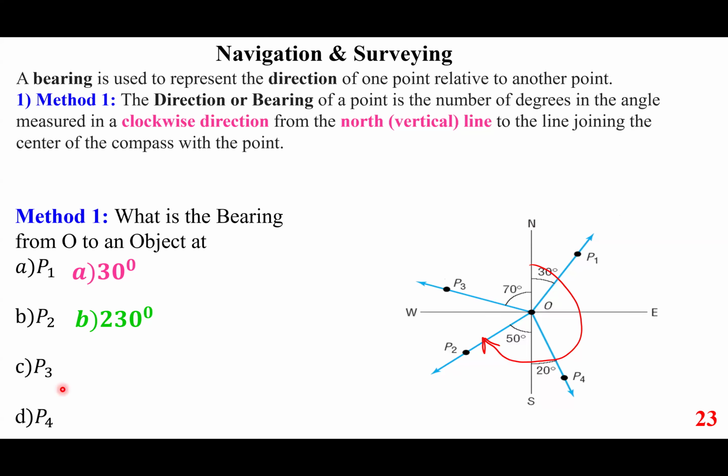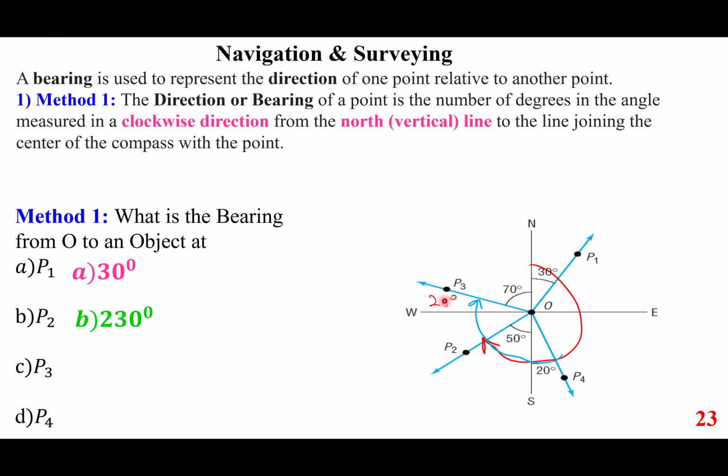P3, we're going to continue the same way, and we go here. I hope you see that this is 70 degrees, so this must be 20 degrees. So 270 degrees plus 20 is 290 degrees.